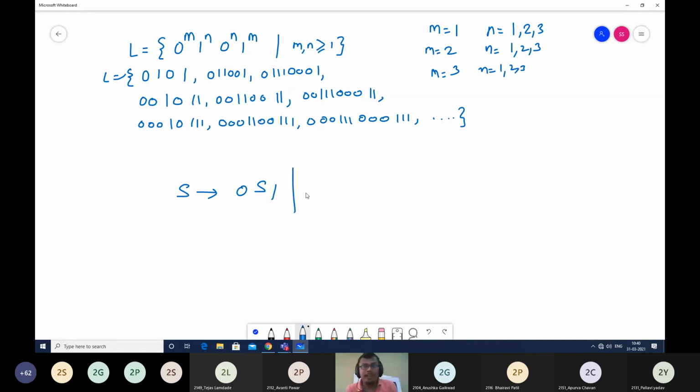Now if I want to jump to the inner pattern, the inner pattern is a different pattern. It is something like 1 followed by 0 on the right hand side. So I'll use another non-terminal for that, that is A. The moment I want to switch to that second pattern, I'll go to non-terminal A. And in that non-terminal A, I'll have another pattern of 1A0, which will help me to maintain the count of n inside, where 1 should be followed by 0.